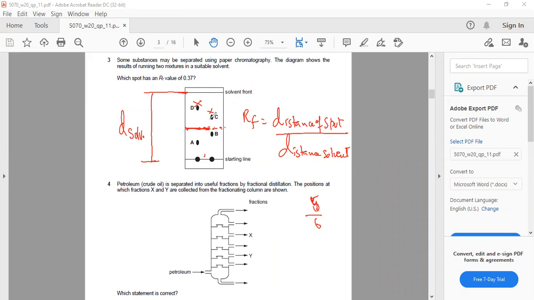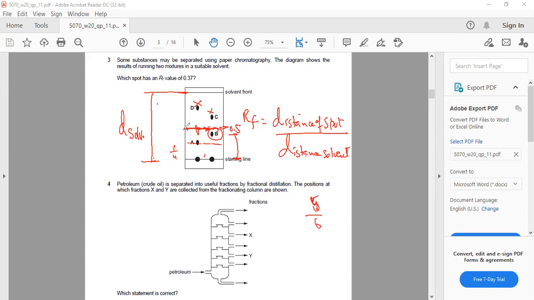So it's not possible. 0.37 means less than half. It's like 0.4, roughly like one fourth. So B looks correct. When you divide the distance covered by B by the solvent, it looks around 0.4. If the spot is here in the middle, then the answer will be 0.5.